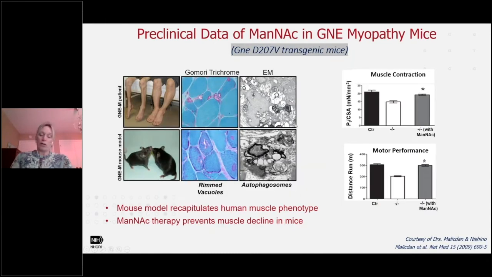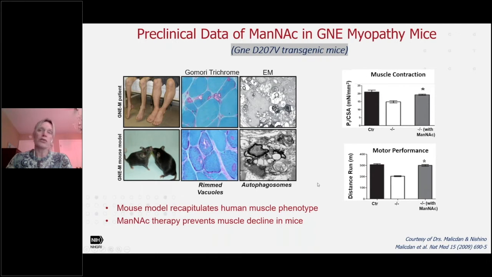Another mouse model of this disease, studied by a Japanese group, also received ManNAc. This model greatly mimicked the human disease. The histology was similar.